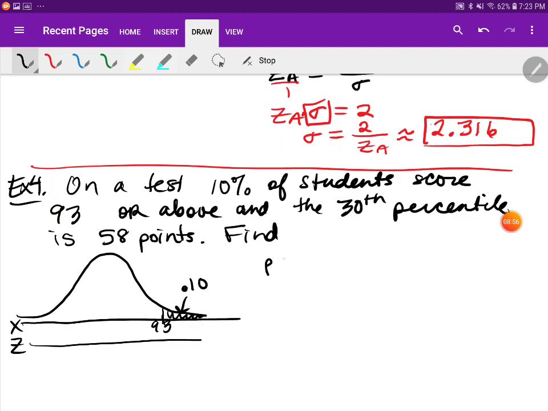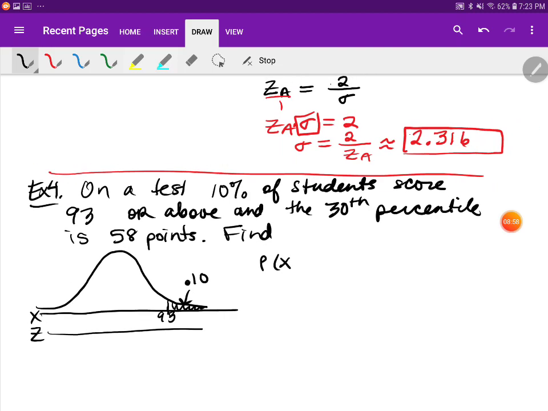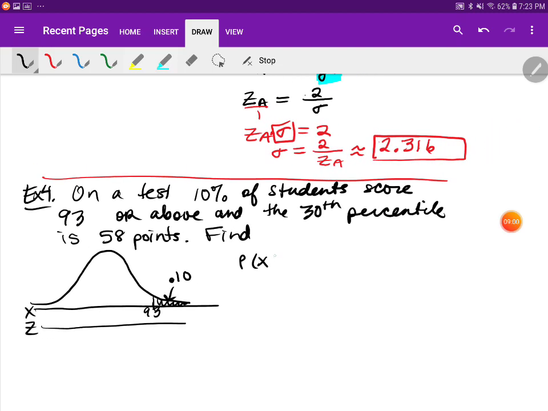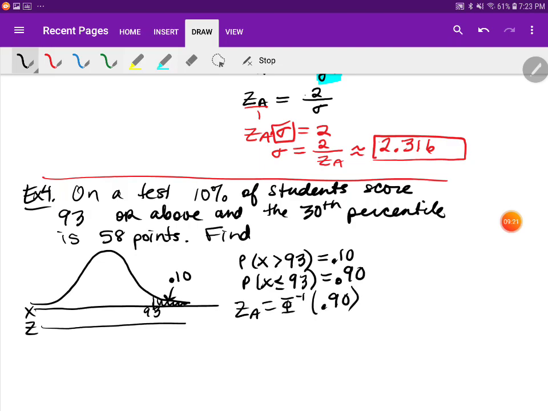Okay, so that's the probability that X is greater than 93, and that's equal to 0.10. So I want to change it to a less than, or a less than or equal to 0.9, and then I need to do my inverse normal to find my Z-score. And again, this one is one that the calculator would not find you directly. So inverse normal of 0.90.